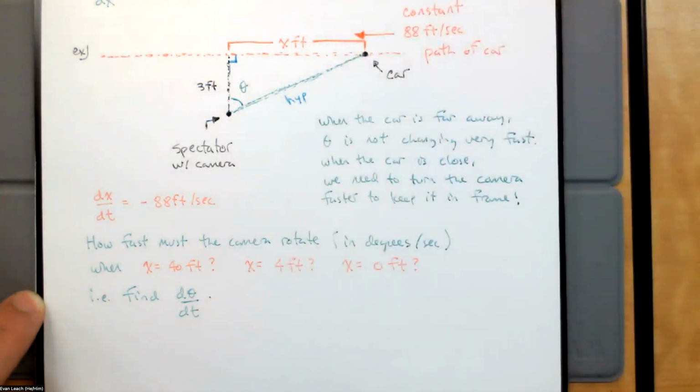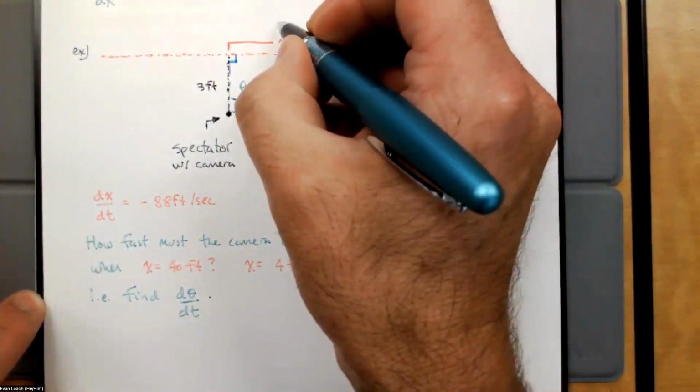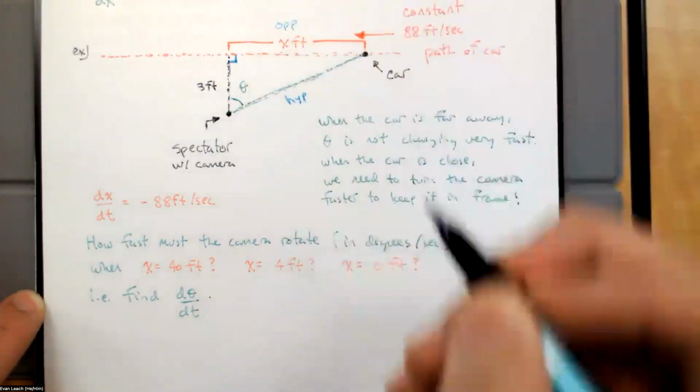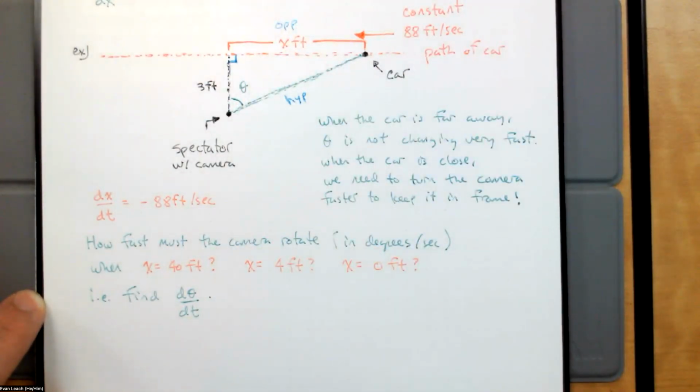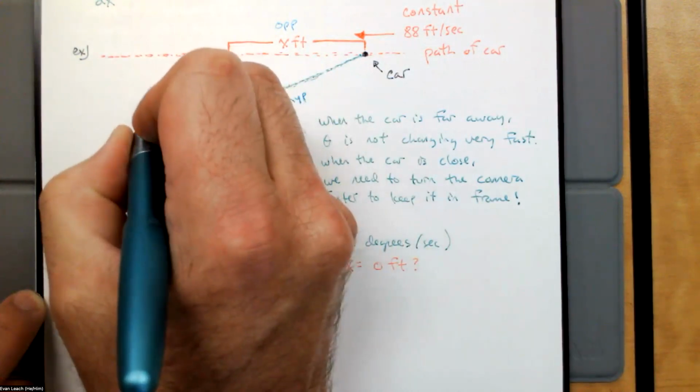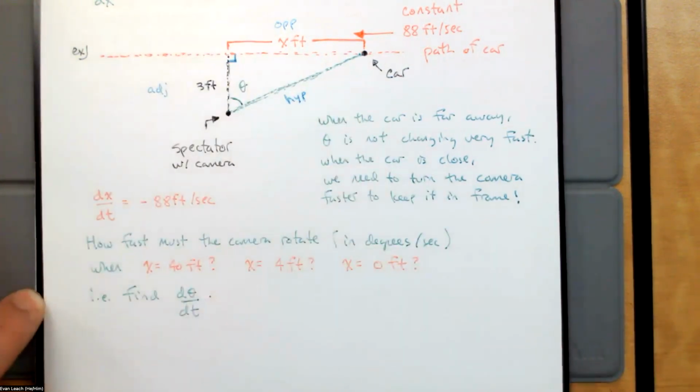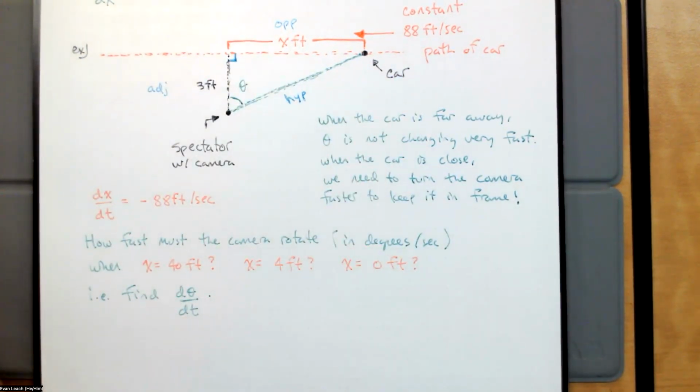That's not something that we know much about. What is x relative to theta? So this is opposite. And what is 3 relative to theta? Adjacent. Yeah, we'll use tangent to get a relationship between x and theta. Tangent of theta is equal to x over 3.